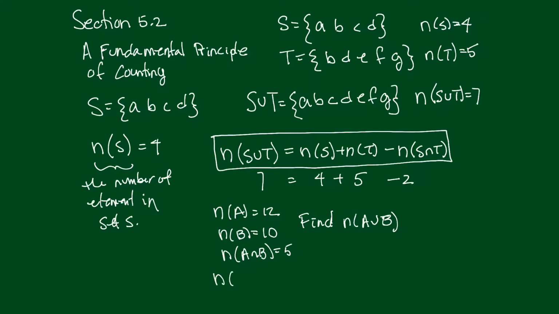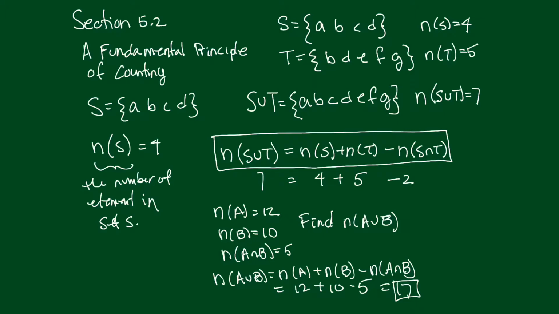I'll do it down here at the bottom. Number in A union B is equal to, you take the individuals, the number in A plus the number in B minus the number in the intersection. And what do we get here? Number in A is 12 plus the number in B is 10 minus the number in the intersection, which is 5. So we get 22 minus 5 is 17. All right, so there's 17 individual elements in the union of those two sets.